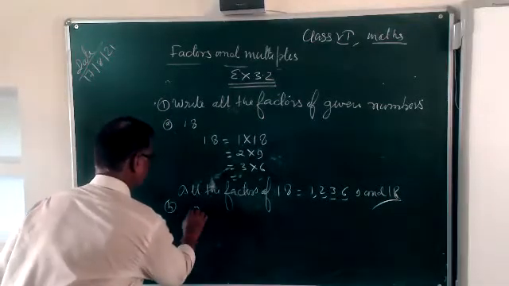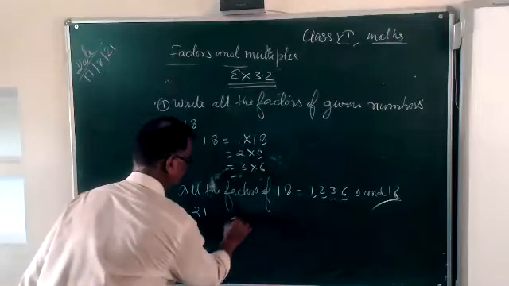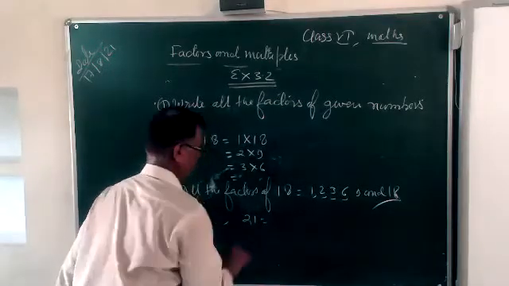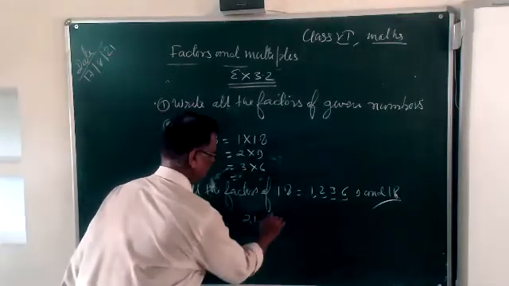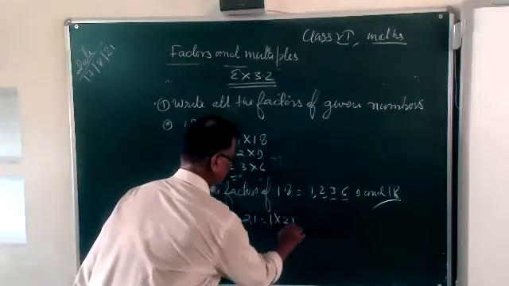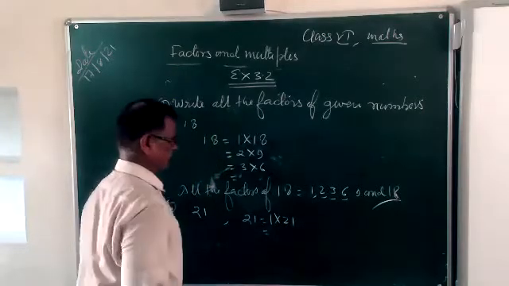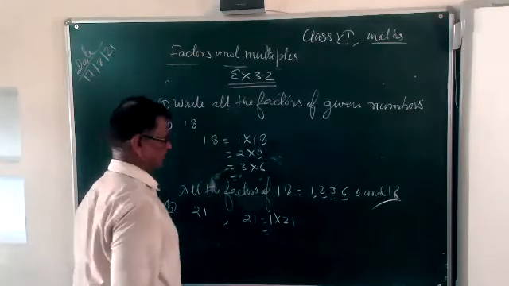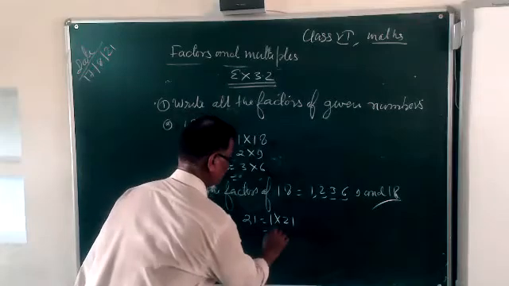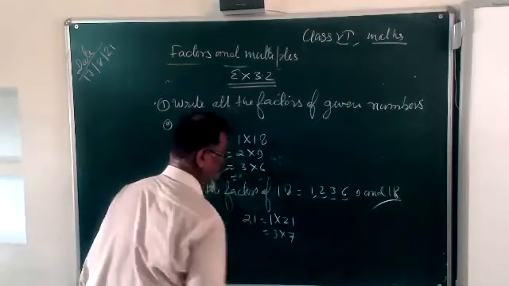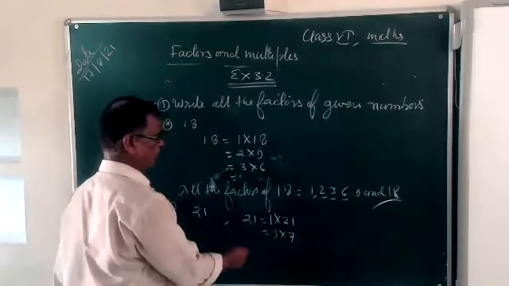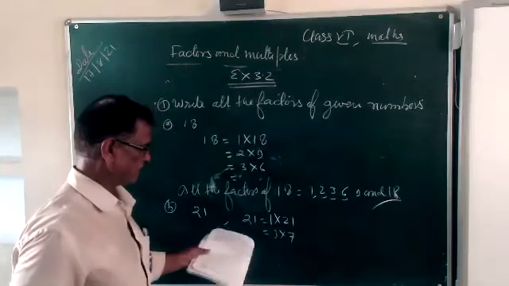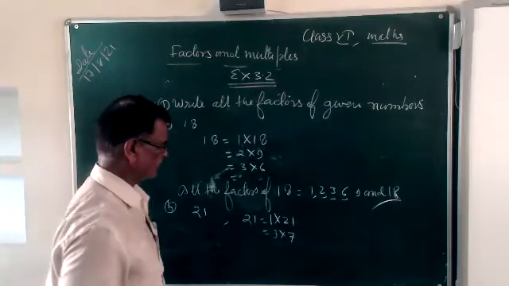21 is equal to 1 into 21. 2 into something you cannot write. 3 into 7 is equal to 21. 4 into any other number does not give a product equal to 21.